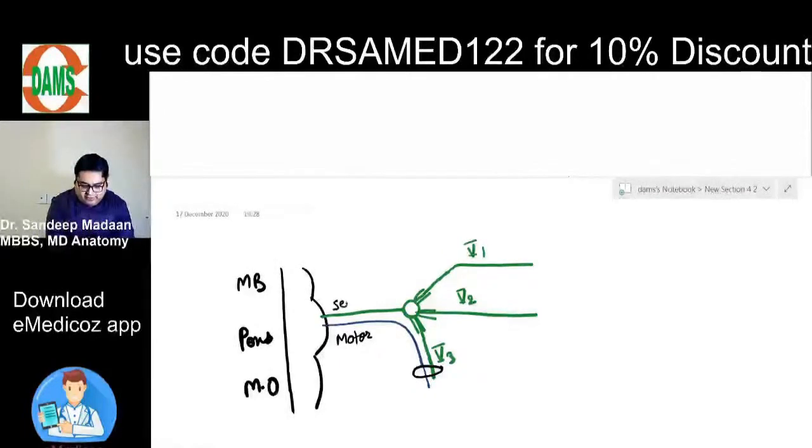This is the sensory root. And this one is the trigeminal ganglion. This foramen from where the mandibular nerve is going out is foramen ovale. And the maxillary nerve will pass through the round foramen, which is called foramen rotundum. And the ophthalmic division will divide into three branches, which will pass through the superior orbital fissure.